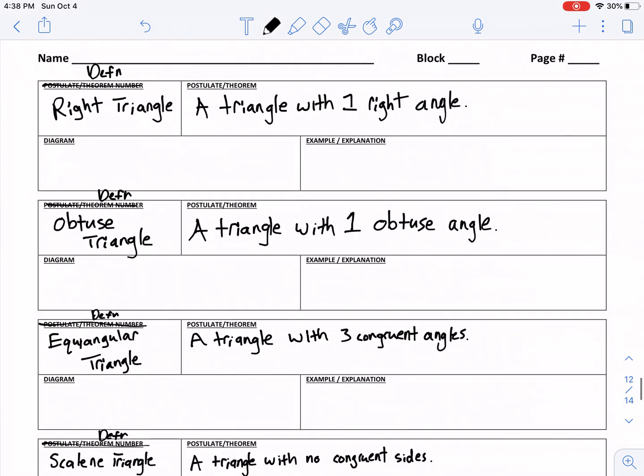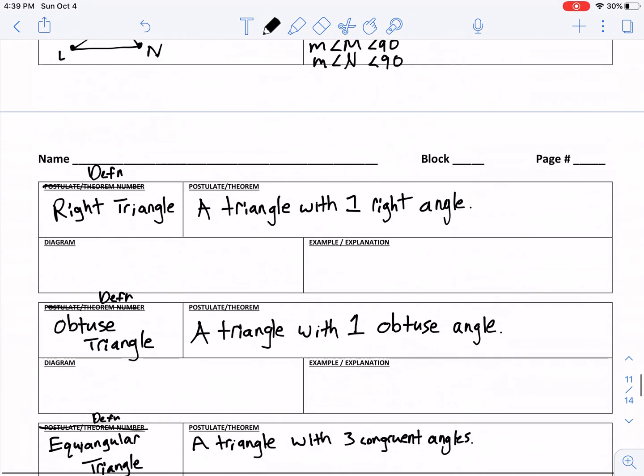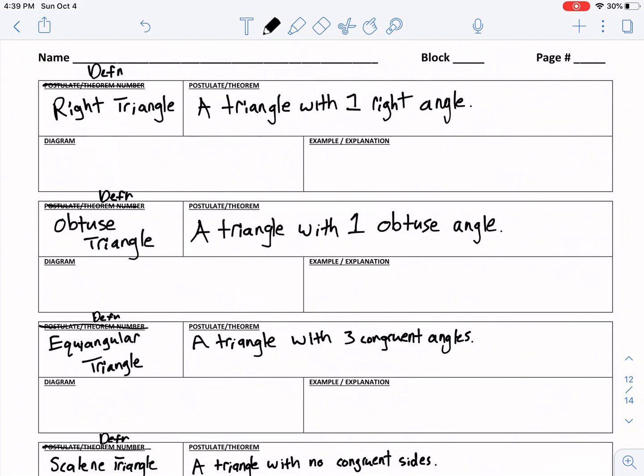Now, what about a right triangle? Well, a right triangle has, in this case, we can't say the words at least, it has one right angle. We can't have more than one right angle, but it has one right angle. So in the acute triangle, every single angle was acute. But with a right triangle, one of the angles is a right angle.